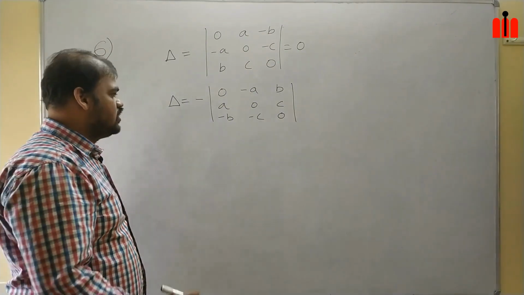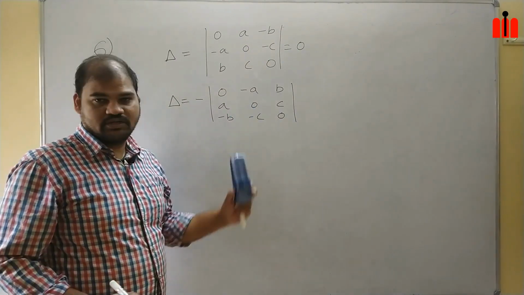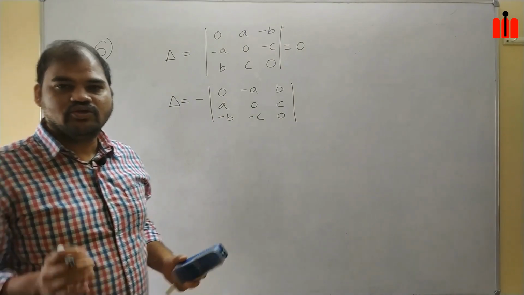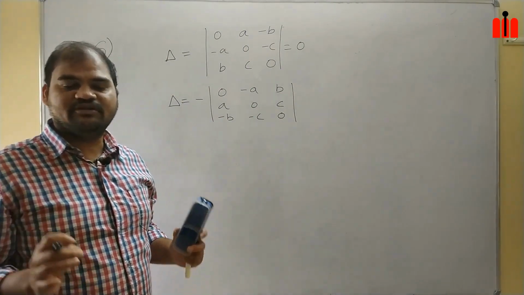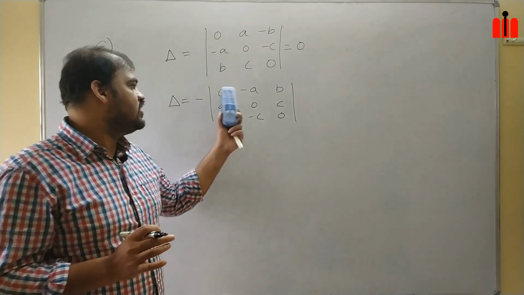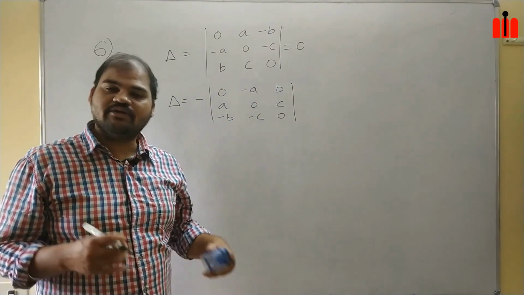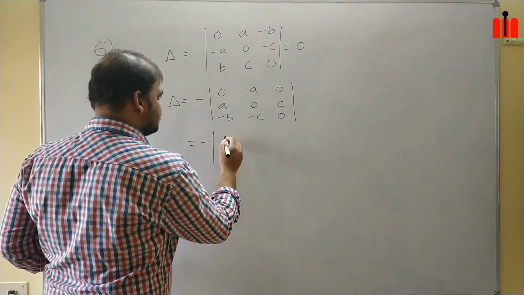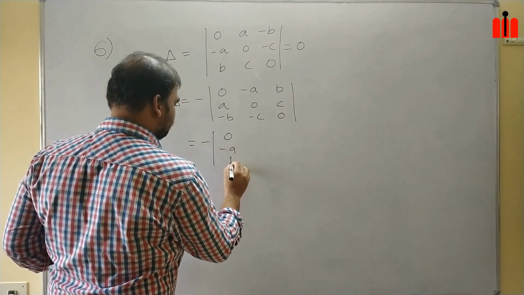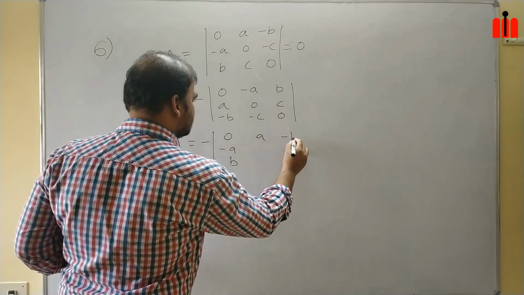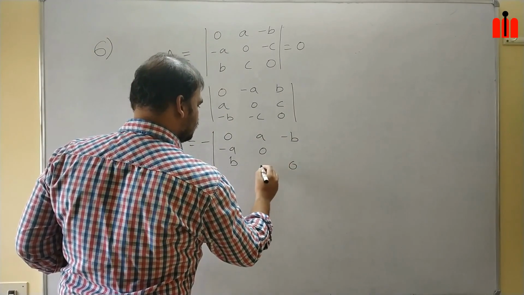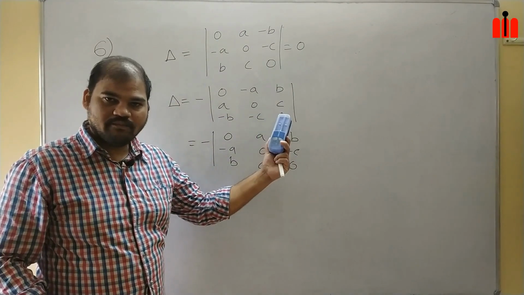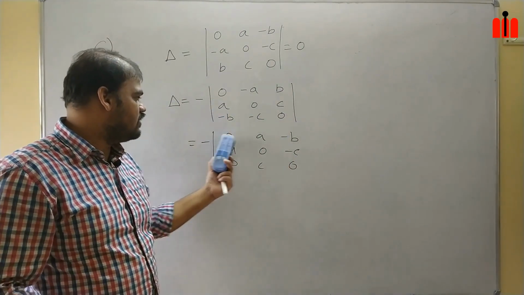Now we will interchange the rows and columns. Interchanging the rows and columns is the same as a transpose. So the determinant of A and the determinant of A transpose will be the same, right? Like that, here also we will interchange the rows, so the determinant will be the same. So this is the same as 0, minus A, B; A, minus B, 0; 0, C, minus C. Whichever was a row here has become a column, and whichever was a column has become a row.